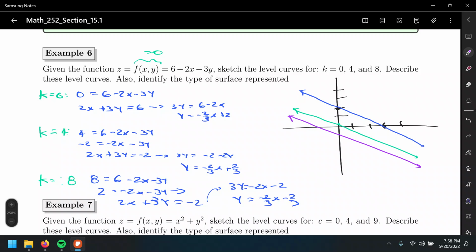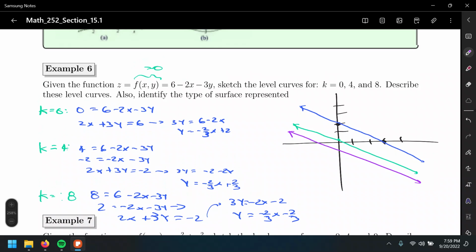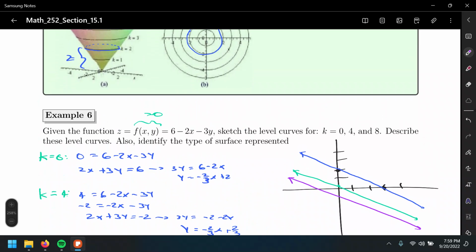So in this case, this one is not that interesting, but we start with something simple like this so we can get the whole gist of how we create different level curves. Because this is a line, if we consider this in 3D, we would have one plane and then another plane and then another plane.